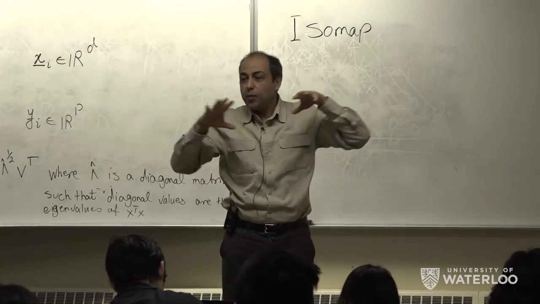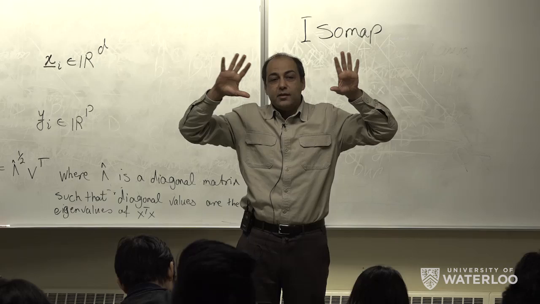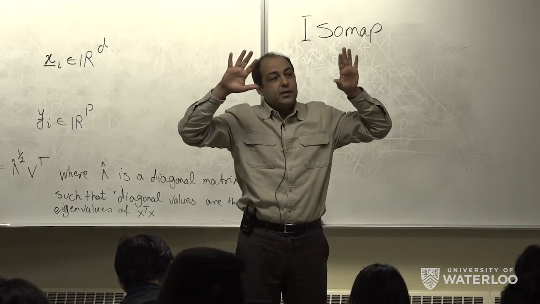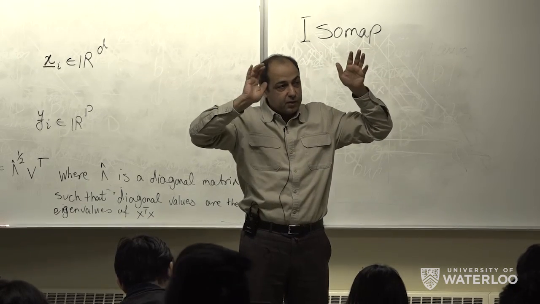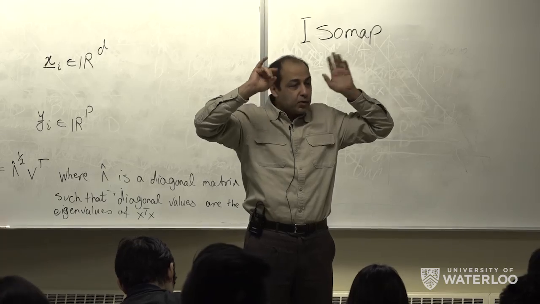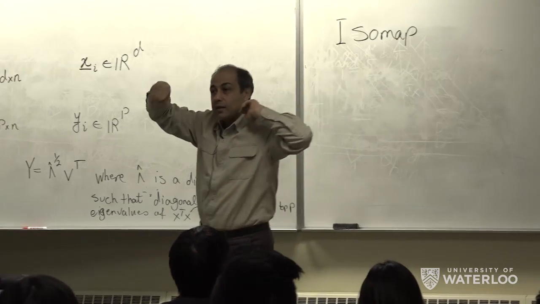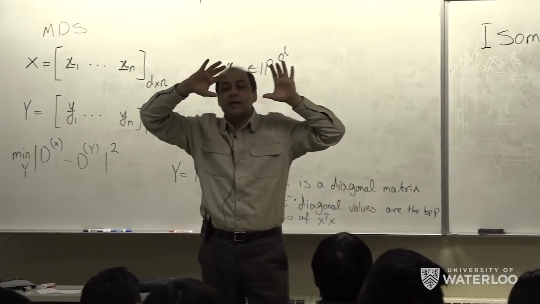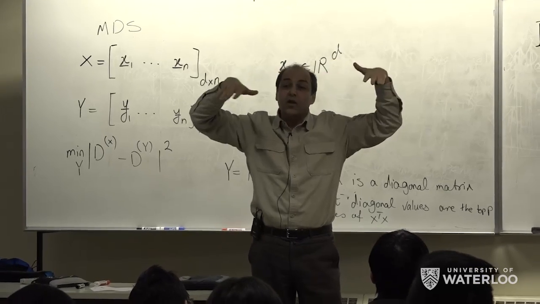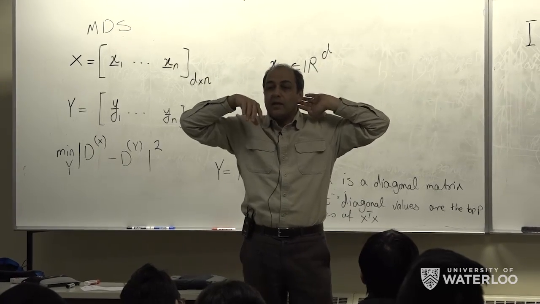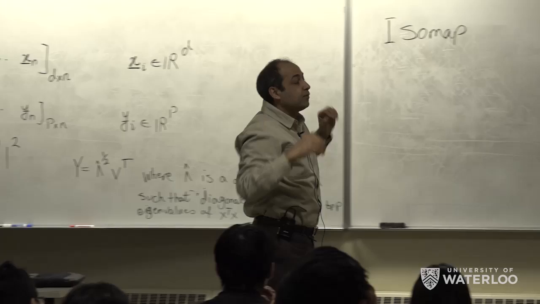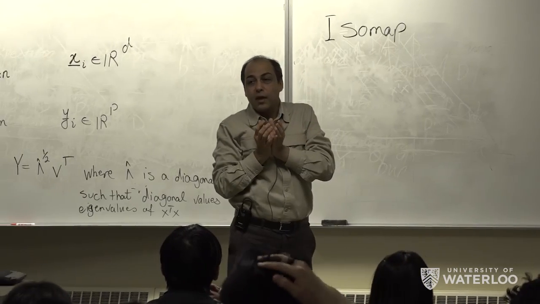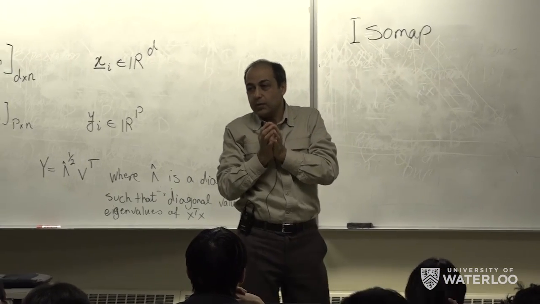So it has been an open question since the time that we knew the solution of PCA and MDS, which is about 100 years ago. It was an open question how we can address the problem in the case that the data is not on a subspace. And there have been a couple of partial solutions to this problem.